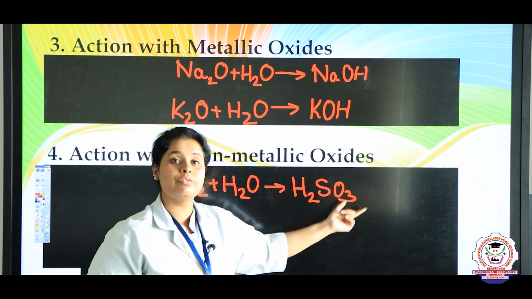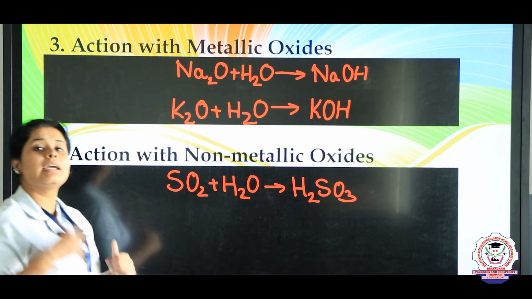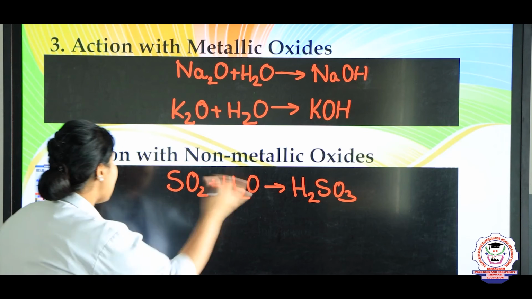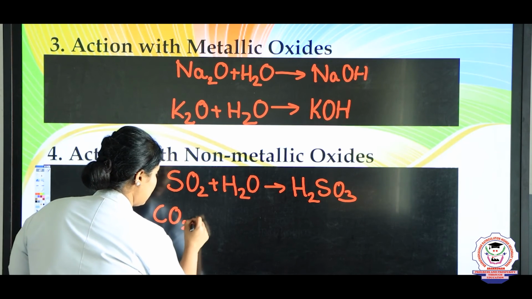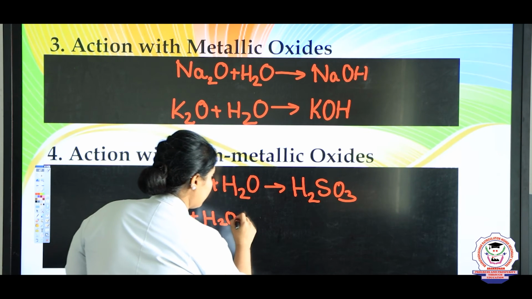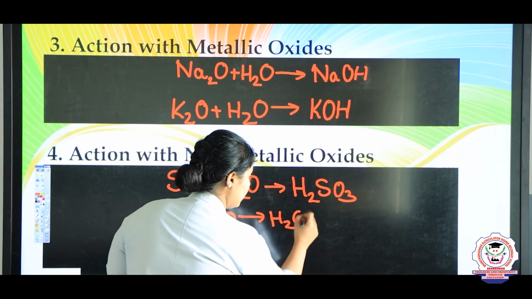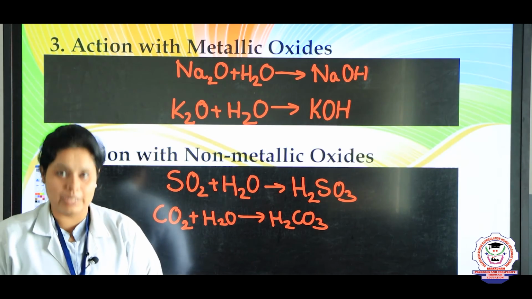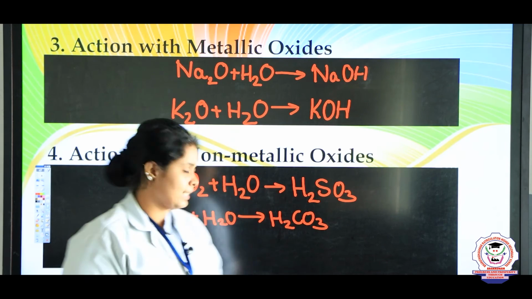Same way, if you are taking carbon and reacting with oxygen, you will get carbon dioxide and the reaction will go as CO2 plus H2O. It will give H2CO3, which is a hydrogen carbonate, or you can also call it carbonic acid.